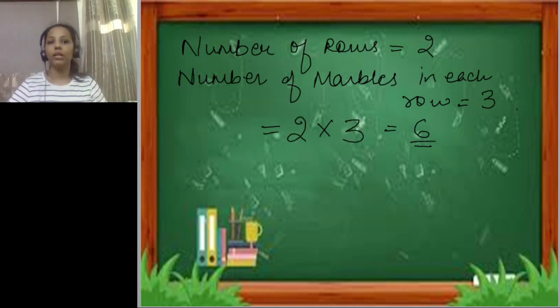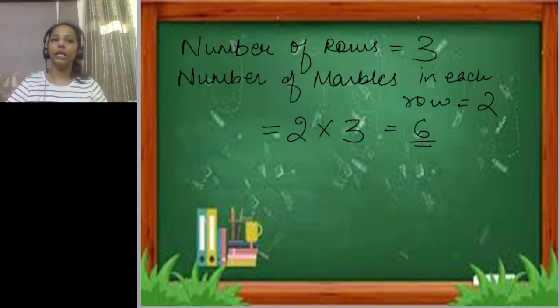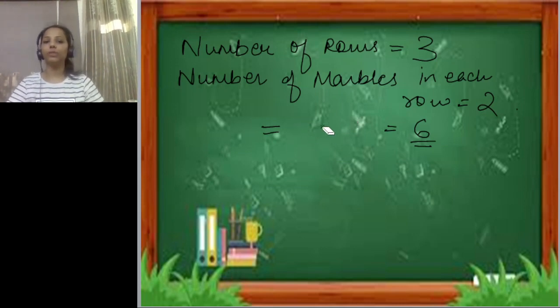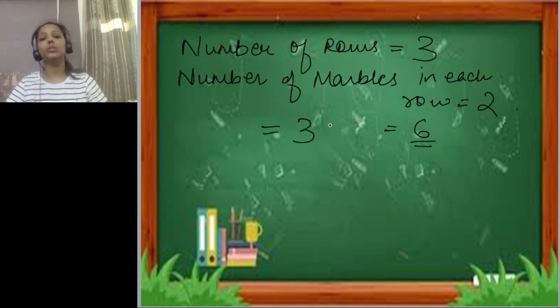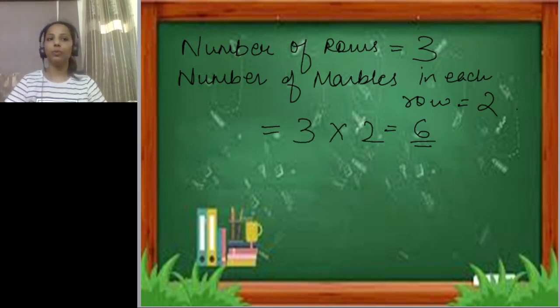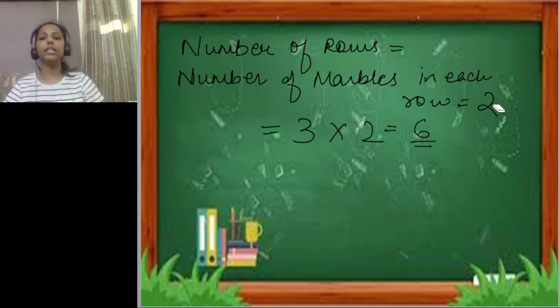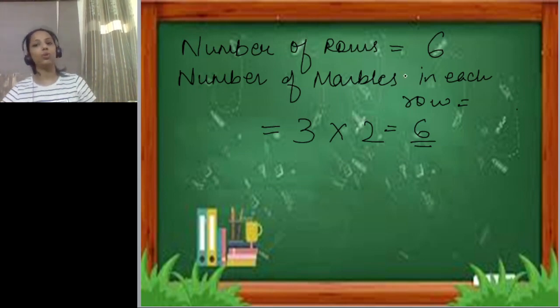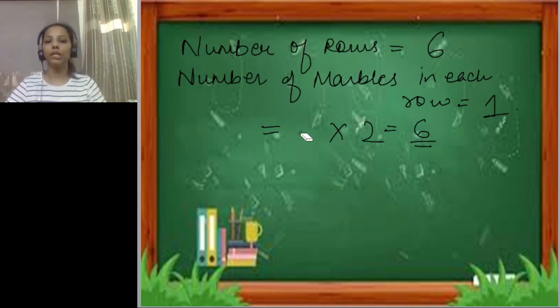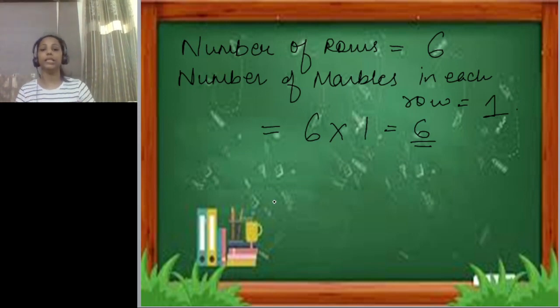Similarly, if we take the number of rows as 3 and the number of marbles in each row to be 2, then again we have the total number of marbles as 3 into 2, that is 6. Similarly, one more way is there. If we have 6 rows, then the number of marbles in each row will be 1. So the total number of marbles will again be 6, because 6 into 1 is 6.